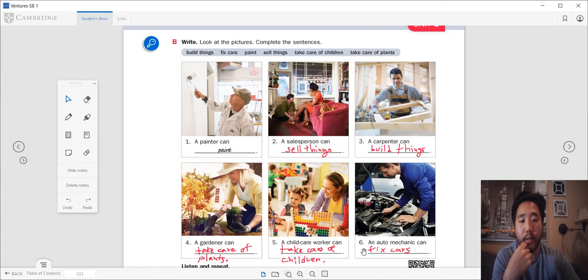Lastly, number 6, an auto mechanic can fix cars. So one more time, we look at what they're doing or what the person is wearing and their action. We can determine their occupation or their jobs.